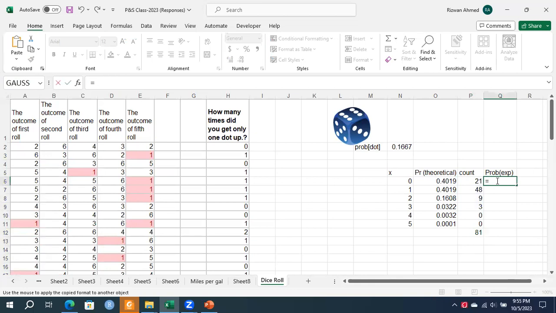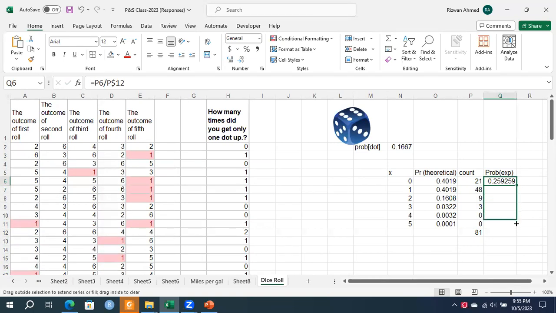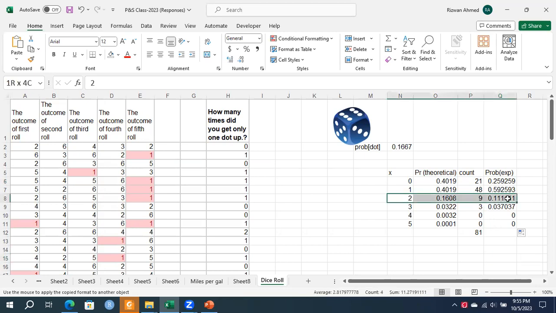So let's see. So the counts divided by the total number of experiments, I can get it from the position $11, not 11, 12. Okay. So 0.25, and that's it. So the numbers with the 2 successes, it is fairly close. This number is also fairly close.